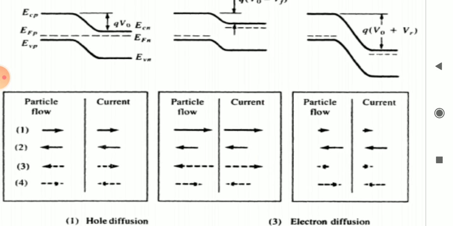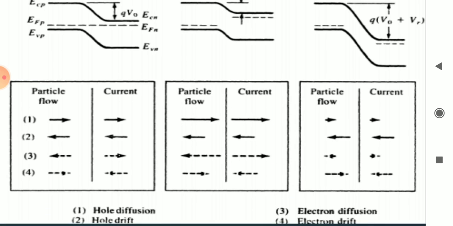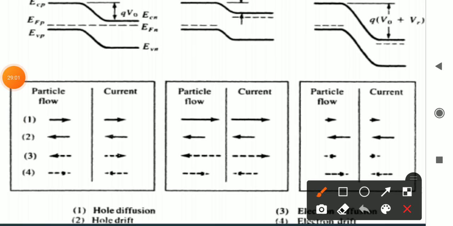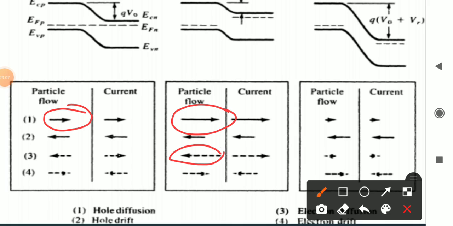Now the same thing again: how will the drift current and the diffusion current flow, and how will the conventional current be? That we have to study now. Diffusion current. Here you can see the length of the current also. This length is not the same as this length.